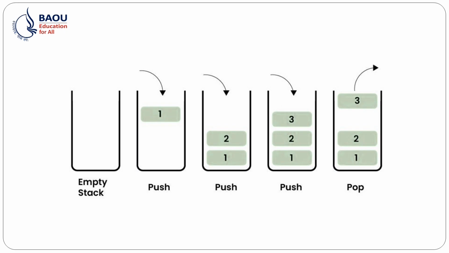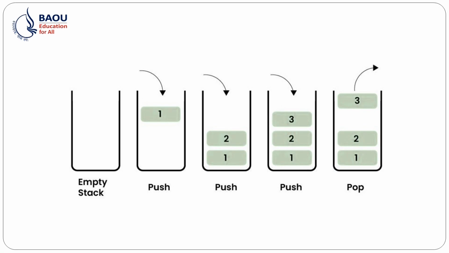Right? So initially the stack is empty. When we push 1, 1 will be inserted into the stack, now the stack has 1. When we push 2, 2 will be inserted, thus it will be on the top of the stack. Now the stack has 2 and 1. When we push 3, 3 will be inserted, thus 3 will be on the top of the stack.